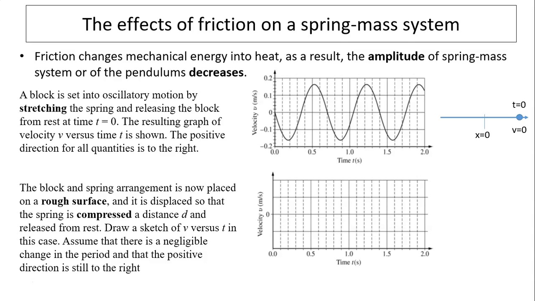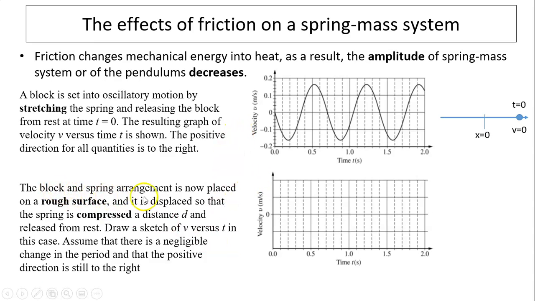The resulting graph of the velocity v versus time is shown right here. The positive direction for all quantities is to the right. So this block is released from here when x equals A. So it started to move in the negative direction. At this position, v equals 0, but it started to move in the negative direction.